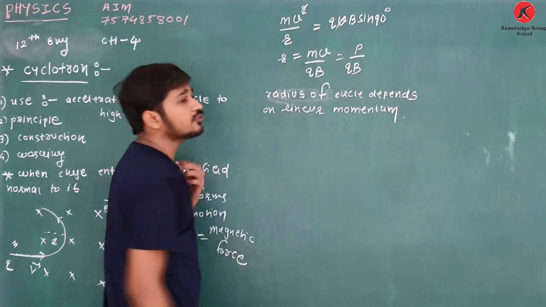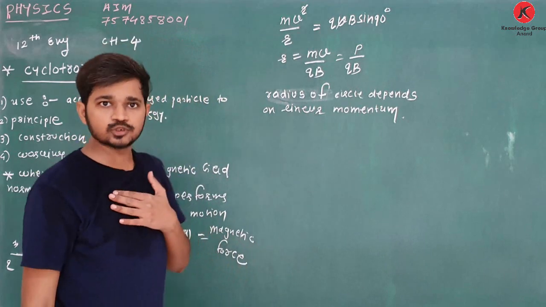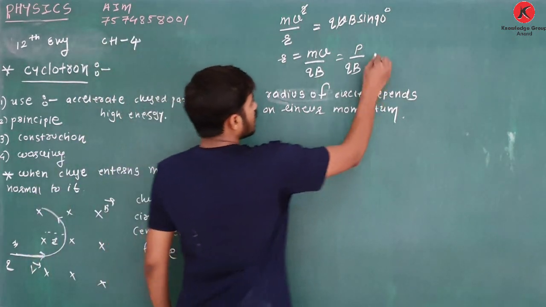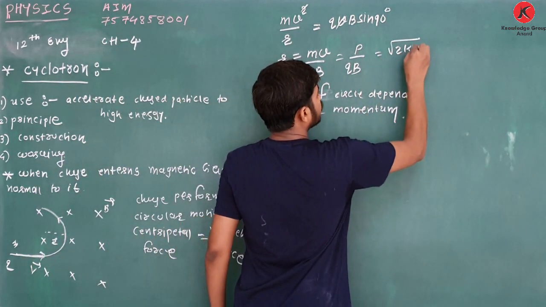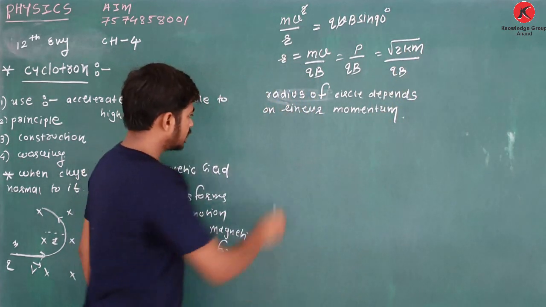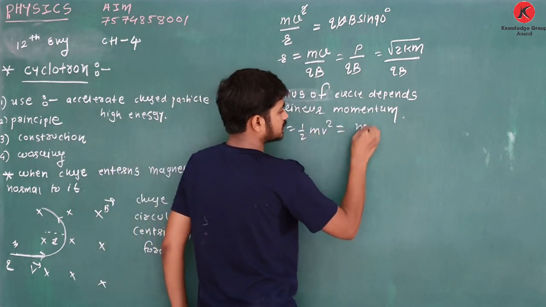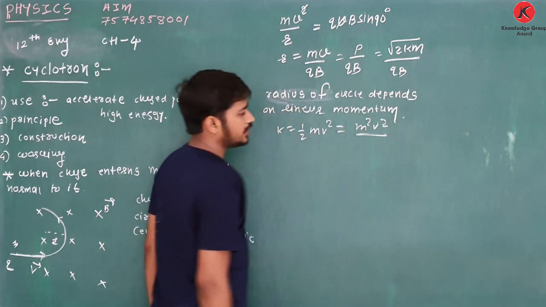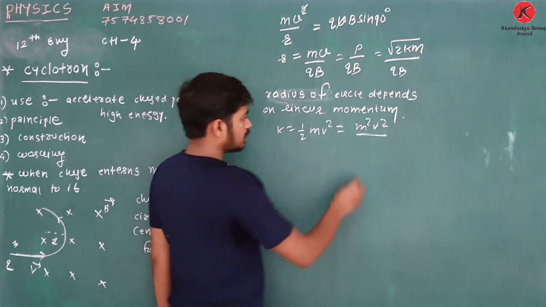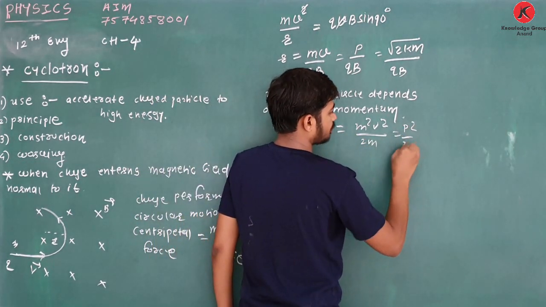Linear momentum in terms of kinetic energy: p is equal to under root 2mK. Kinetic energy is half mv square, so K is m square v square upon 2m, which is p square upon 2m.